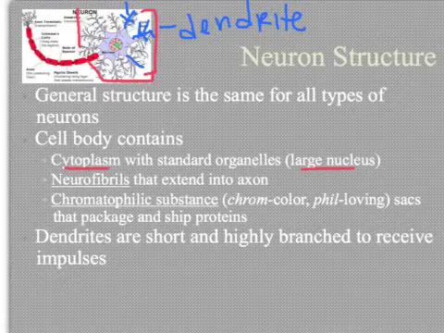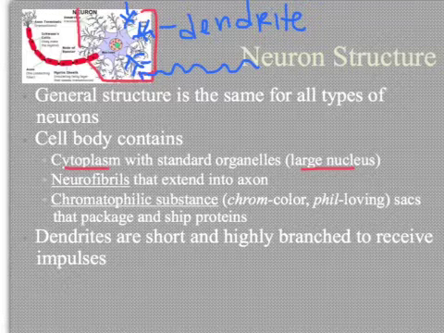So whenever your body is getting new information from a different neuron, that message comes here and is delivered to one of these branches, and then it can be zipped into the cell body for some kind of action to take place. You can see that there are tons of dendrites on each cell body, and that's because they're receiving lots and lots of information from a variety of places all at the same time. So there has to be a lot of places for that information to be received.